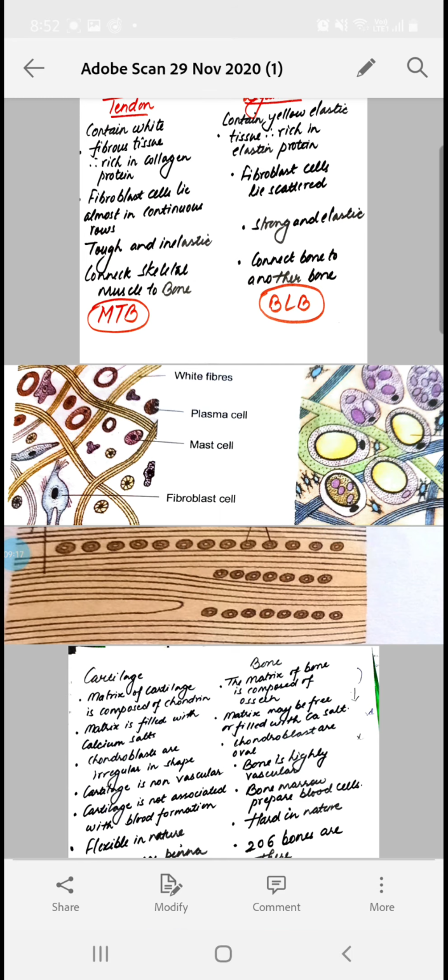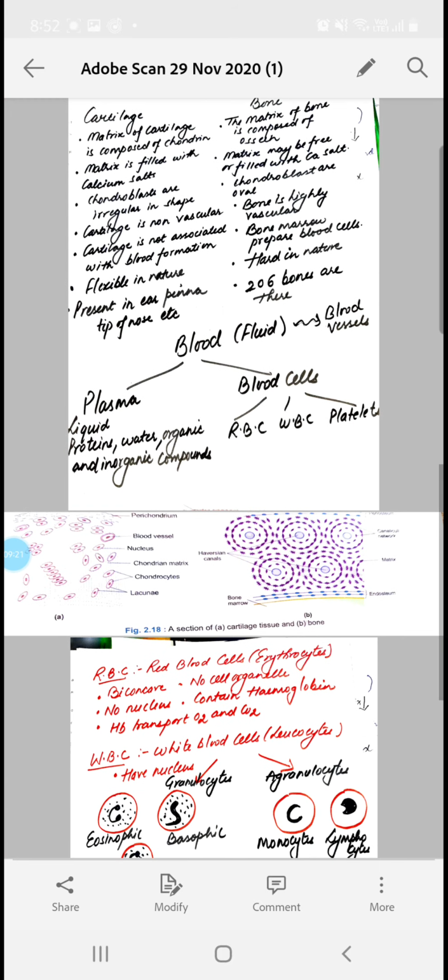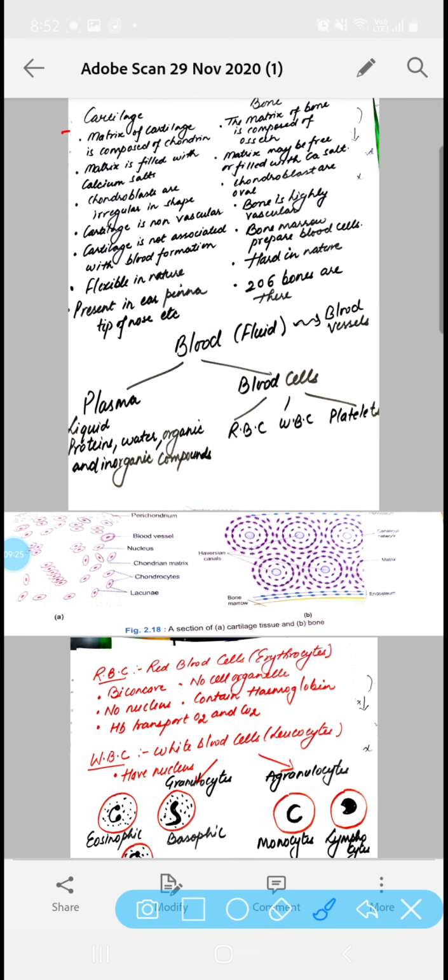Now we come to the next kind of connective tissue, that is cartilage and bone. These are again kinds of connective tissue. Here again the question comes in the form of difference only. So one more important difference is the difference between cartilage and bone. Now cartilage, its matrix, its medium, is composed of chondrin.